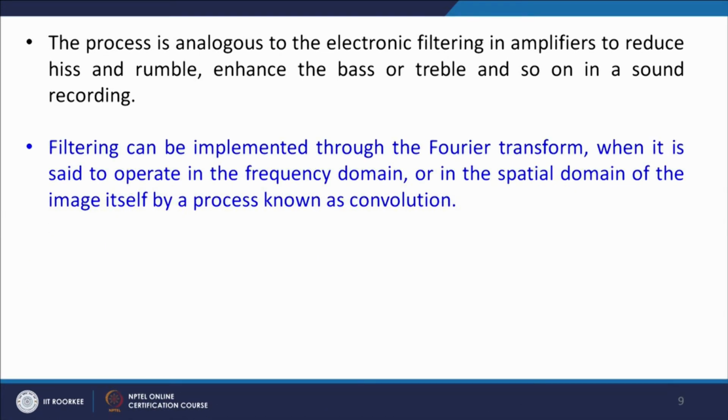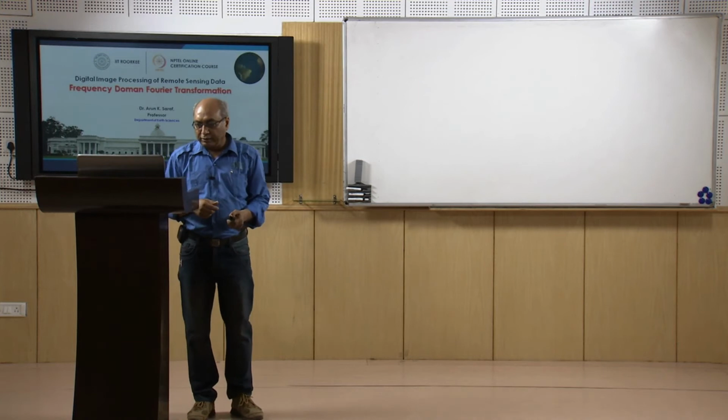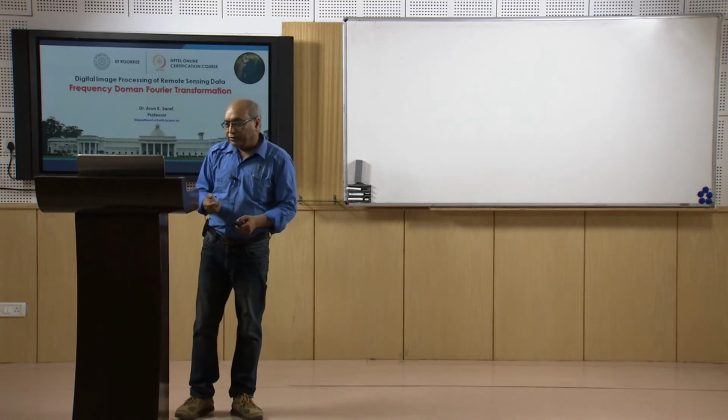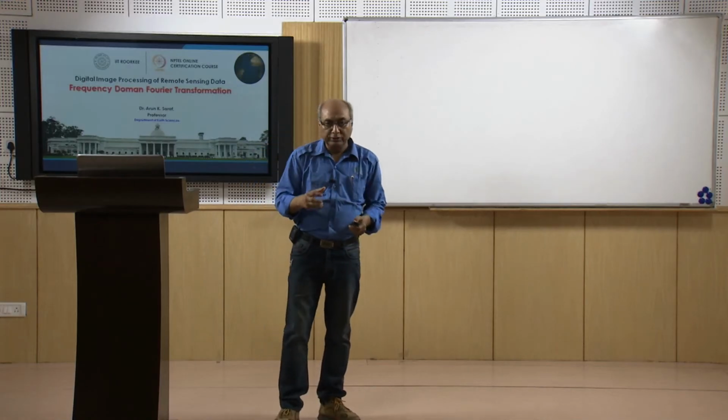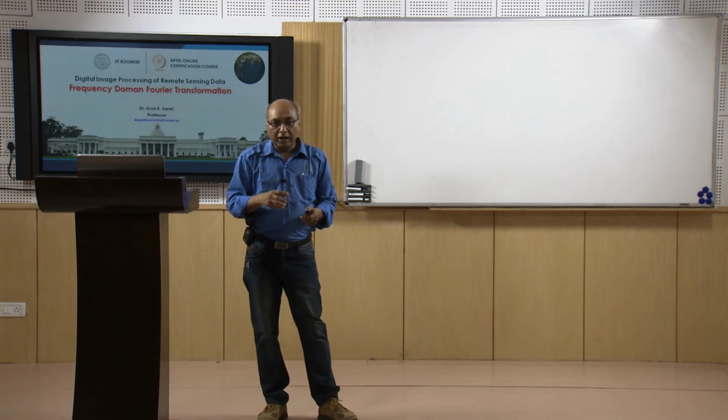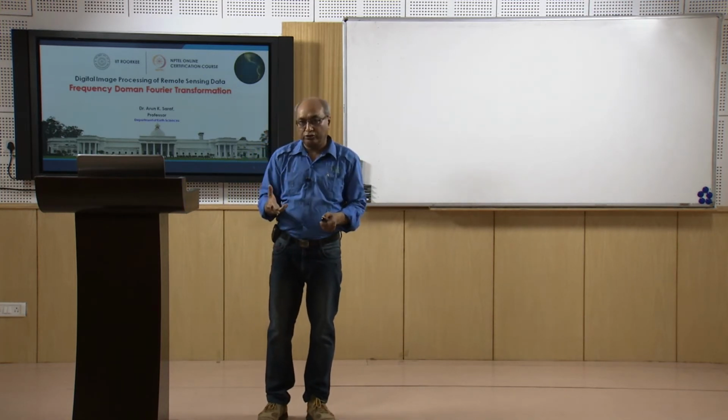And filtering can be implemented through the Fourier transform, when it is said to operate in the frequency domain, or in the spatial domain of the image itself by a process known as convolution. Convolution filtering we have already discussed, and frequency domain filtering is more powerful, because here you know which features are causing noise in your scene, and which features are causing distortions in the scene.